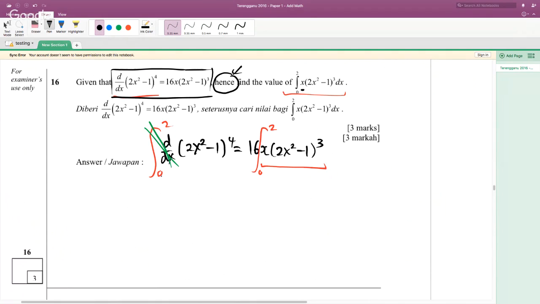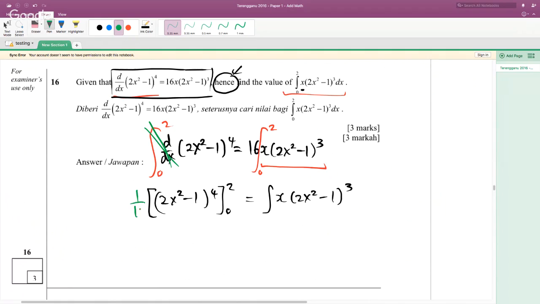But it's gone already, how about 0 and 2? So 0 and 2 will actually become the 0 and 2 at the back here. That means you already integrated. So the 16 here, I will move to the other side. If I throw it to the other side, it becomes 1 over 16.